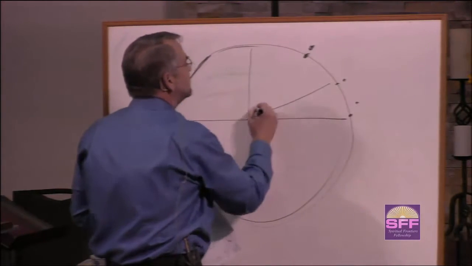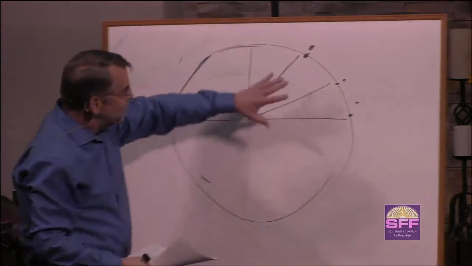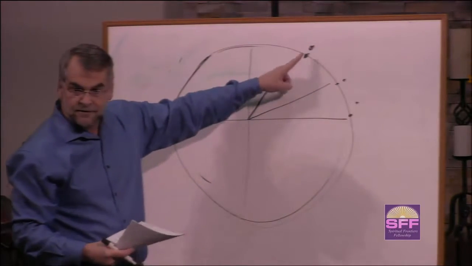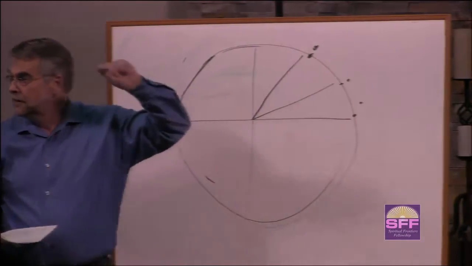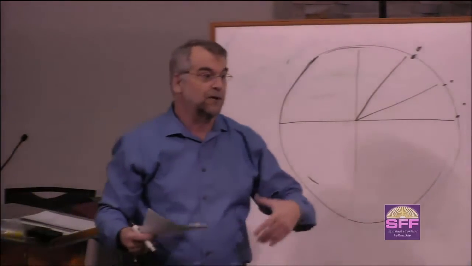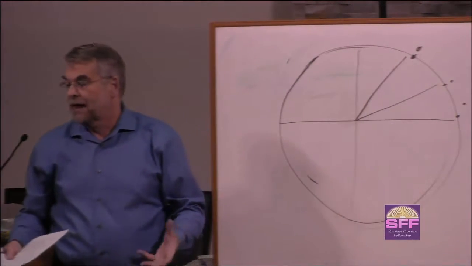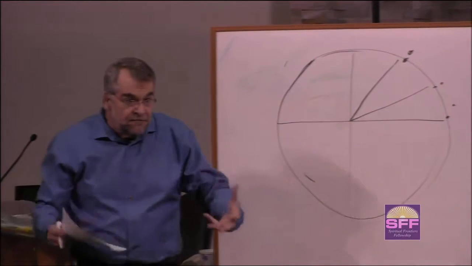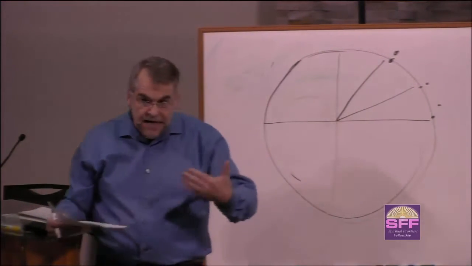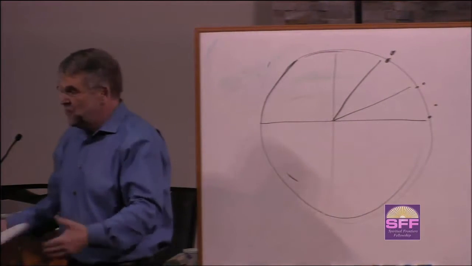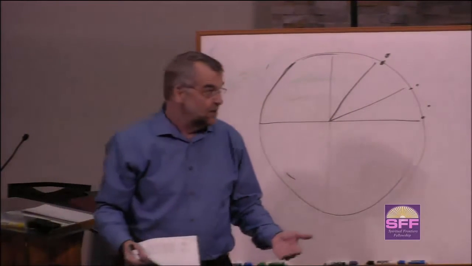Okay, what happens is this. This is where this conjunction takes place in 2020. It starts, the influence, now it's Pluto, so it's actually been in the works for 248 years.